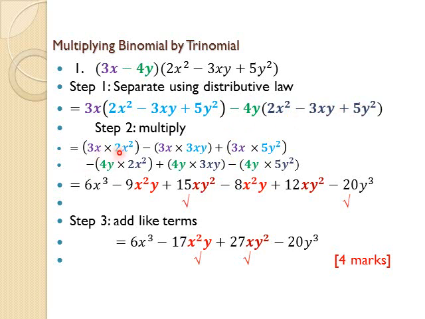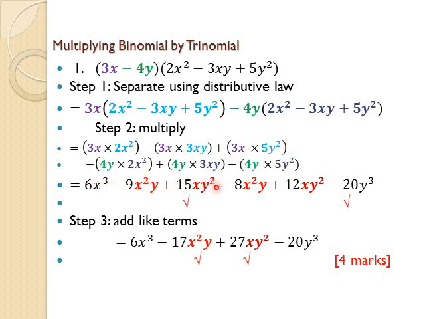So that gives me 3 times 2, which is 6, x times x squared, which becomes x cubed. Negative stays negative, 3 times 3 gives me 9, x times x, x squared y. Positive there, 3 times 5 gives me 15, xy squared.